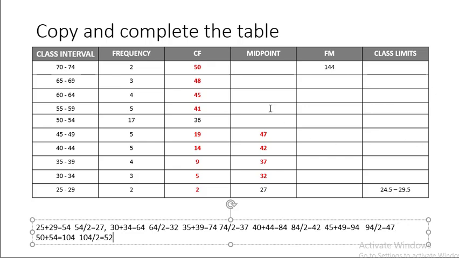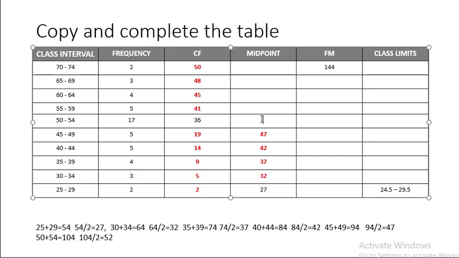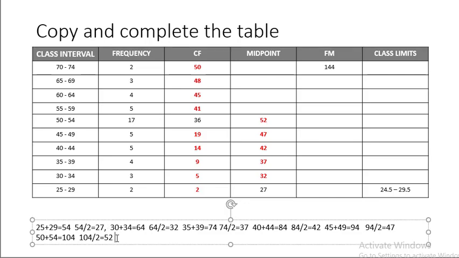So in this box here, we have 52. Now we'll continue. We have 55 to 59, right? That's our next figure. So we have 55 plus 59. 55 plus 59 is equals to 114.